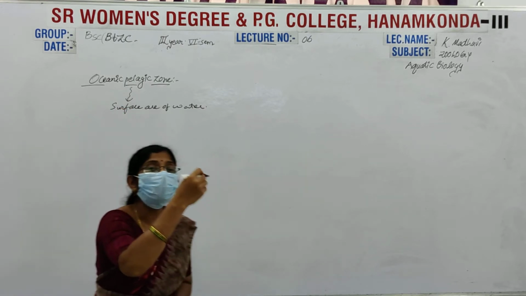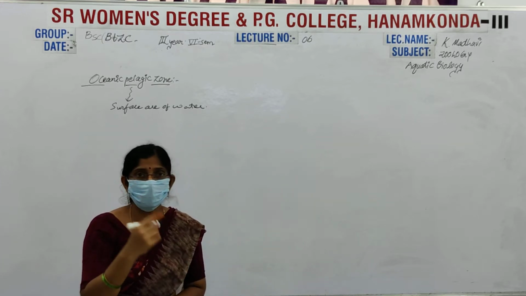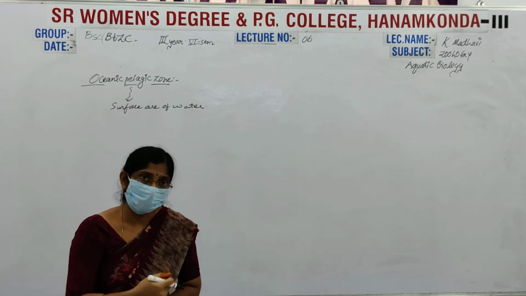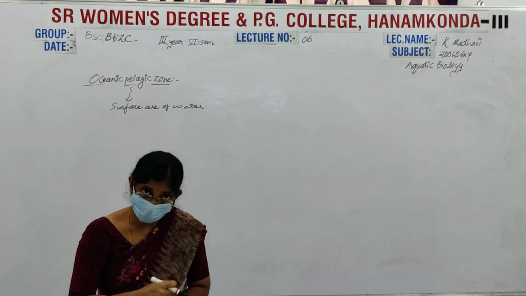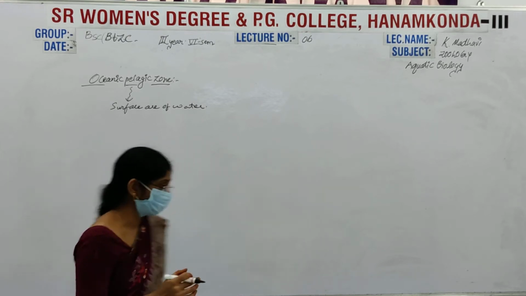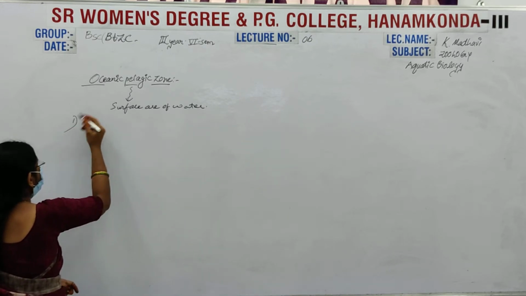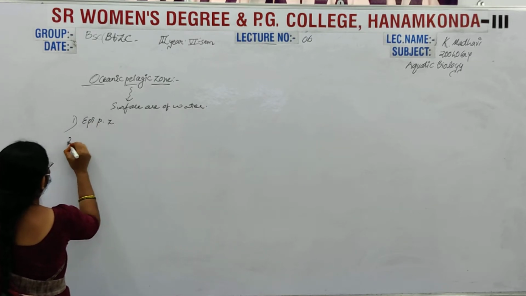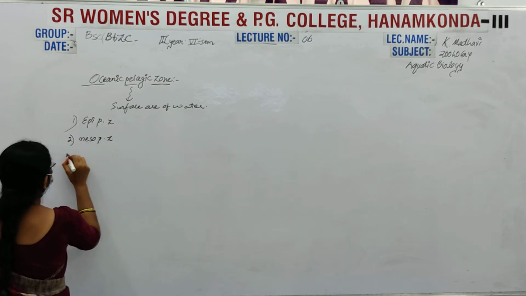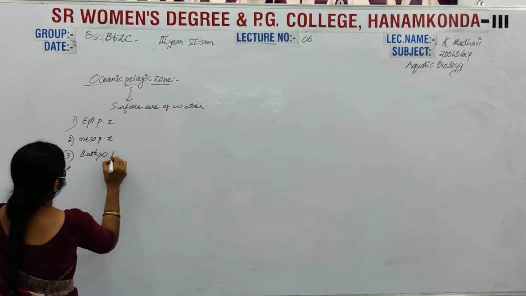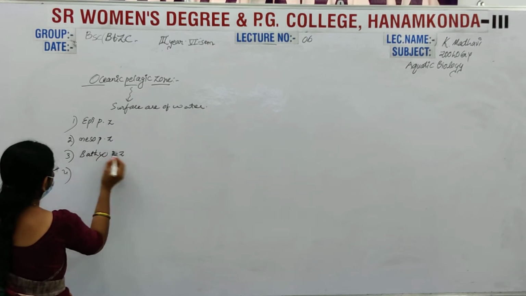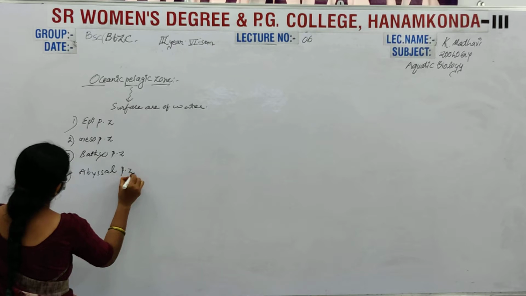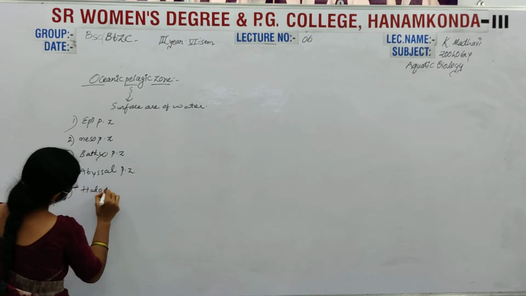Just a quick recapitulation: the first one is the epipelagic zone, the second is the mesopelagic zone, the third is the bathypelagic zone, the fourth is the abyssopelagic zone, and the fifth is the hadopelagic zone.